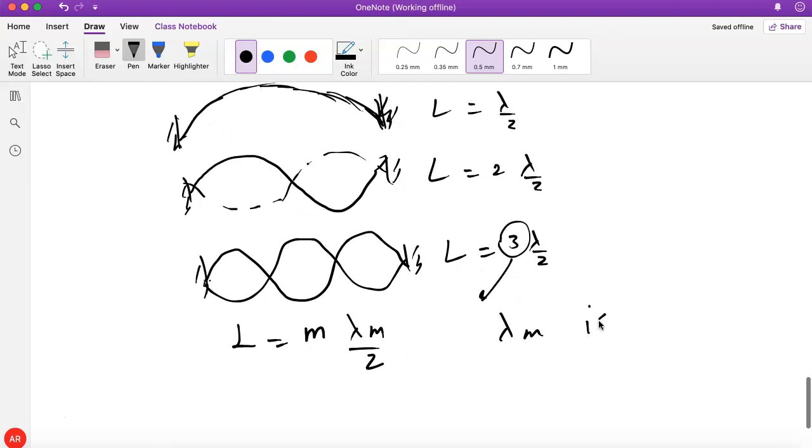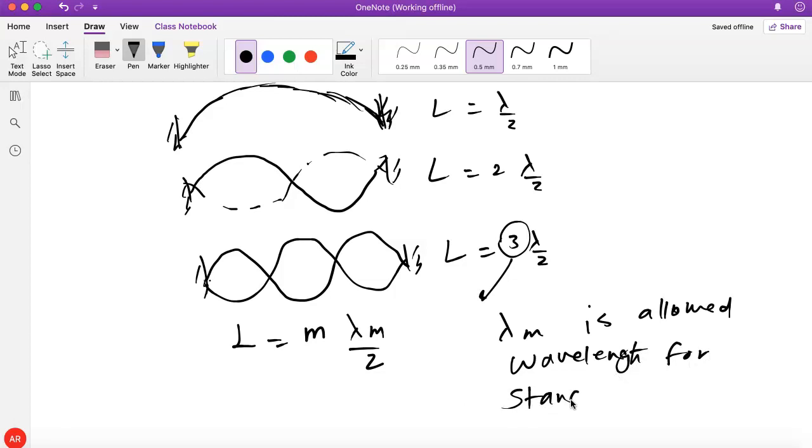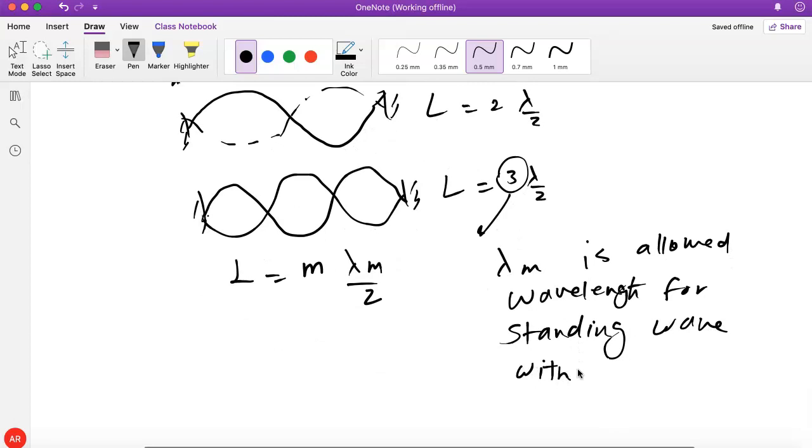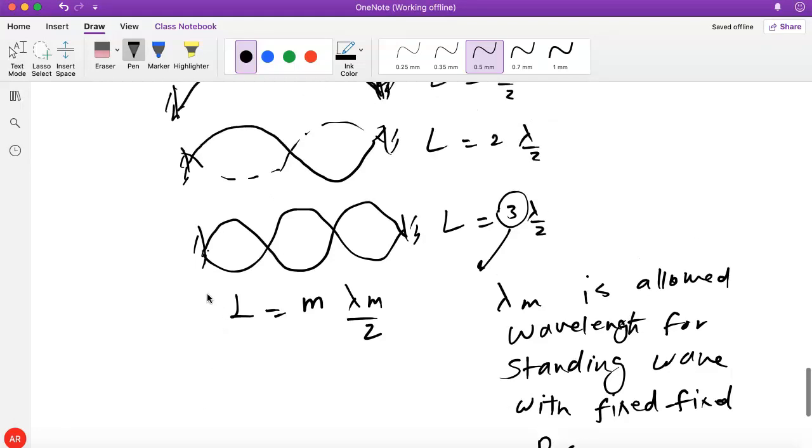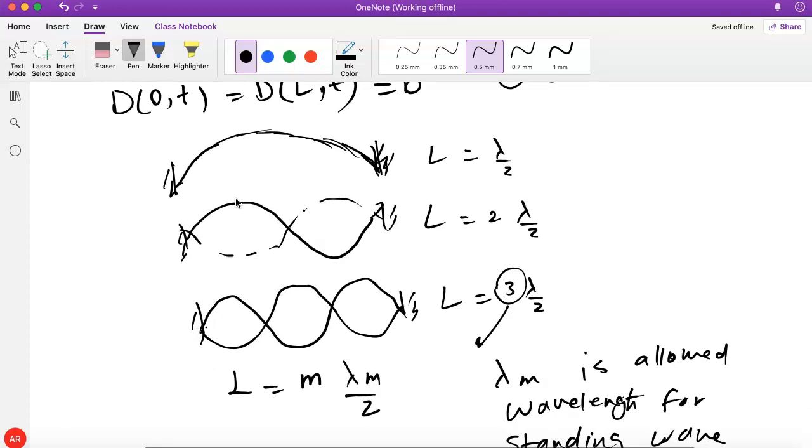Lambda m is the allowed wavelength for a standing wave with fixed boundary condition. Okay, so this is also the number of antinodes, right? So you have 1 antinode, here you have 2, here you have 3.